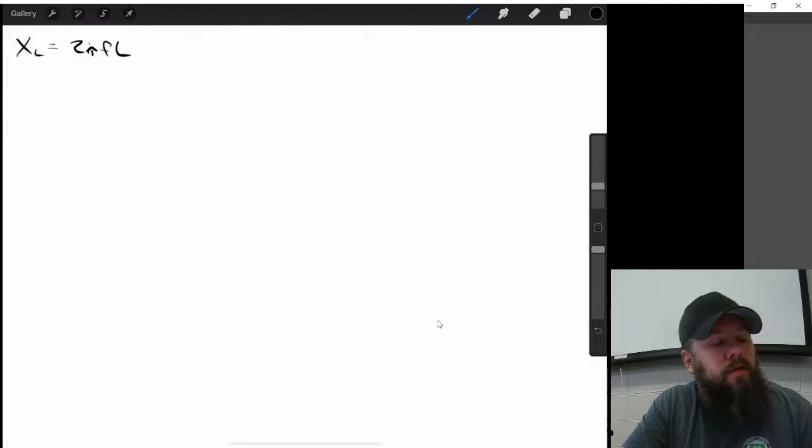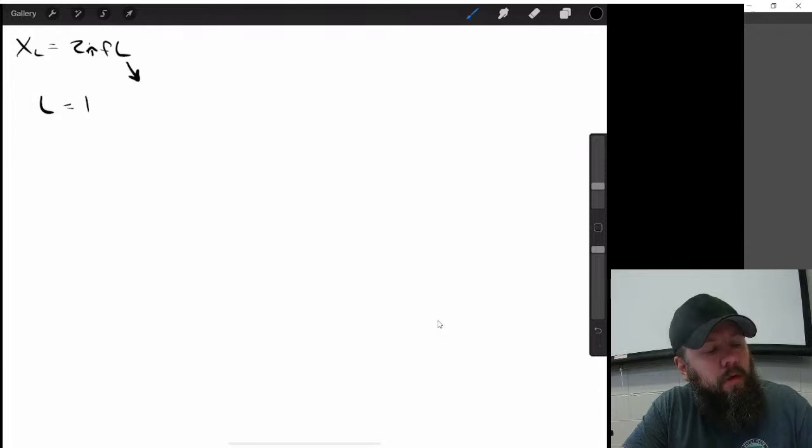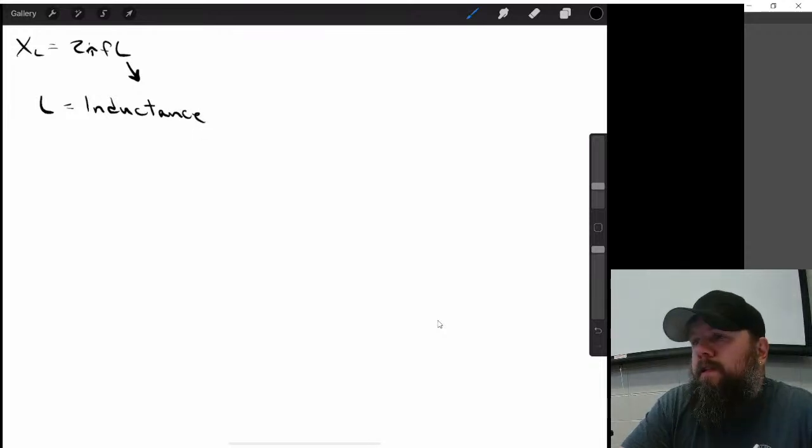The way the inductor stores energy is this little thing called inductance, right? So the L is pretty important. Can y'all see that?